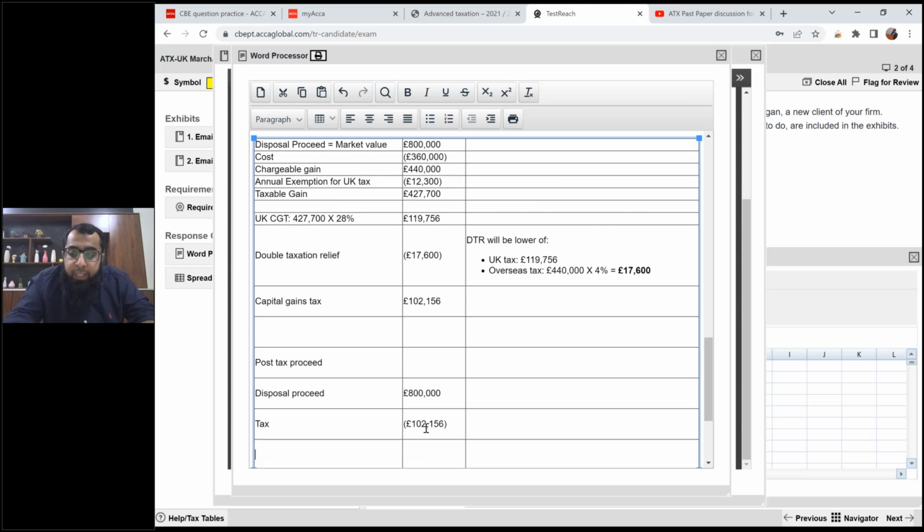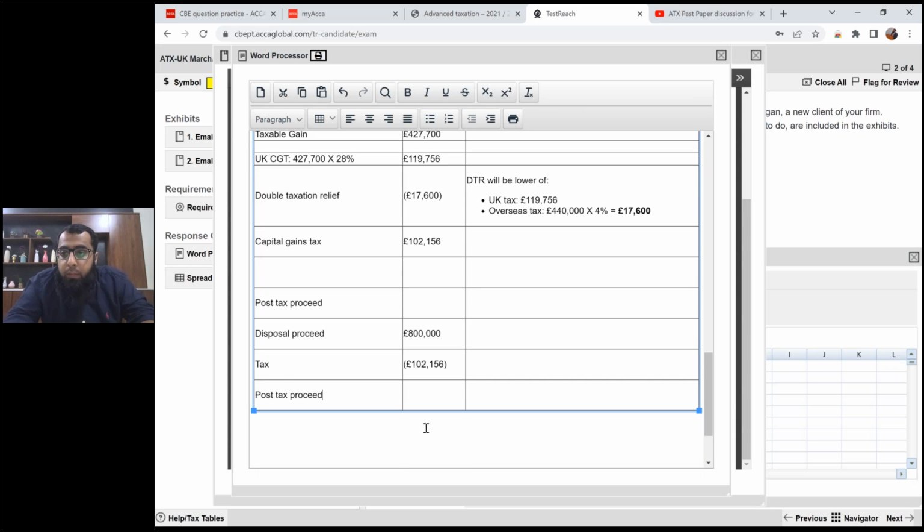So the post-tax proceed will be 697,844. One student has asked a question, let me give a second and then I'll reply to your query.